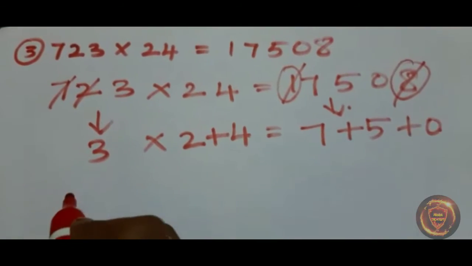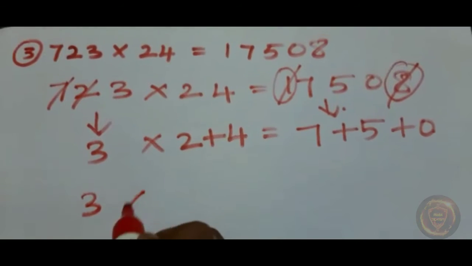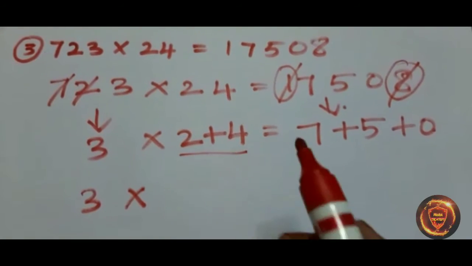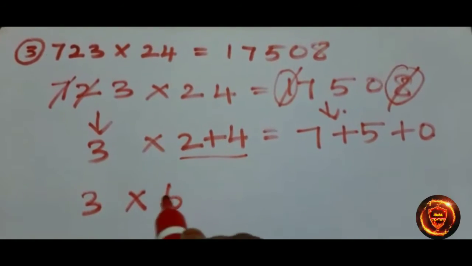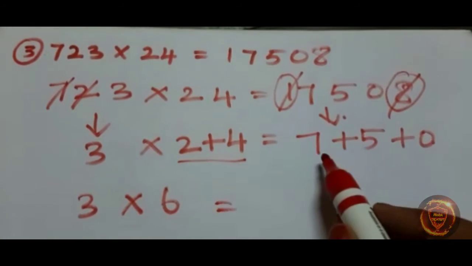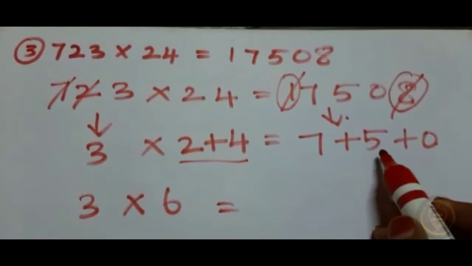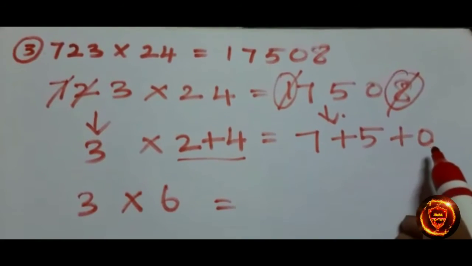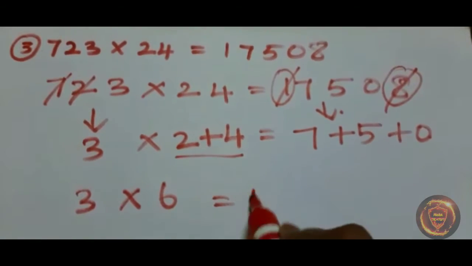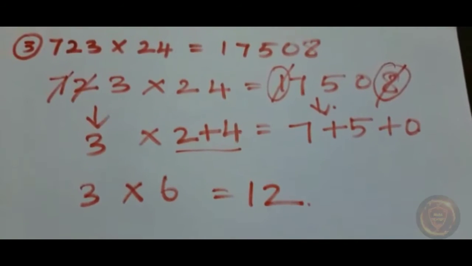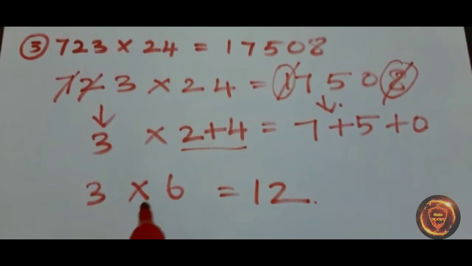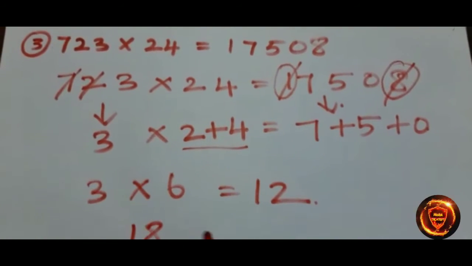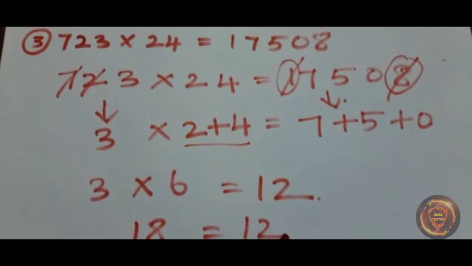And write the next step. 3 into 2 plus 4, that is 6, is equal to 7 plus 5 is 12, 12 plus 0 is 12. And the next one, 3 sixes are 18. 18 is equal to 12.